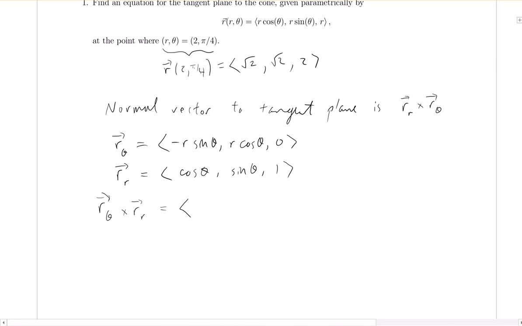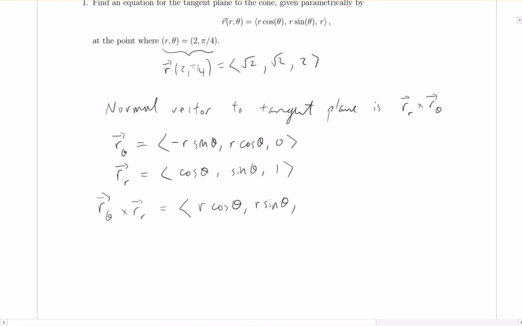So let's see. The x component is r cosine theta times 1 minus 0 times sine theta. So r cosine theta. The y component is going to be 0 times cosine theta minus negative r sine theta times 1. So the minuses cancel. This is just r sine theta.